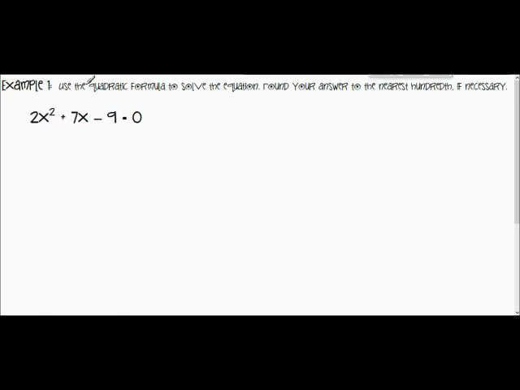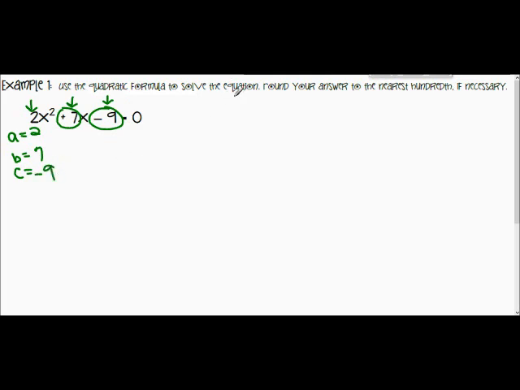Now I'm probably only going to do 1 and 2 today, and then I want you to do some practice with it. So the first thing that we always do is list out what our a, b, and c are. So a here is 2, b is this positive 7, and c is the negative 9.